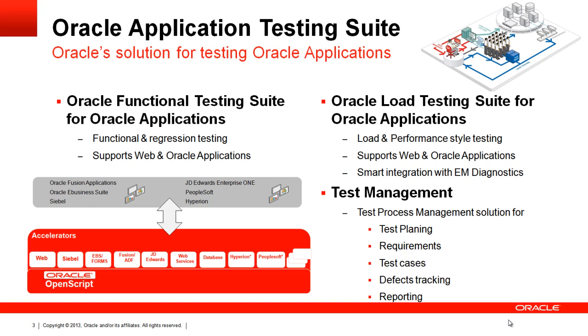Oracle provides specific accelerators to support the Oracle packaged applications. This makes scripting much quicker and will also help create robust scripts that require less maintenance. And this is of course important because as a user you would like to minimize the time that you have to spend on either creating or maintaining your test automation scripts.